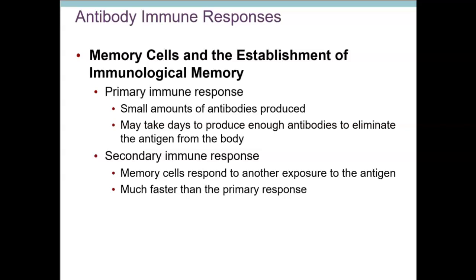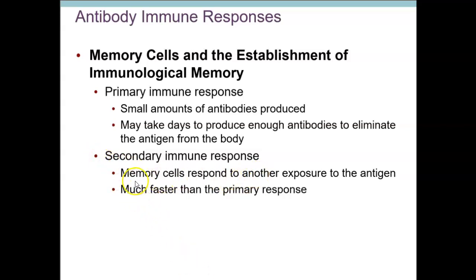It's not something that your body can do within a few hours. It takes days, often a week or more, to get any significant production of antibodies going. Remember, we start with a single B cell that has the right antigen binding site, and it just by random chance happens to be there. If it's not there, then we just don't get an antibody response.